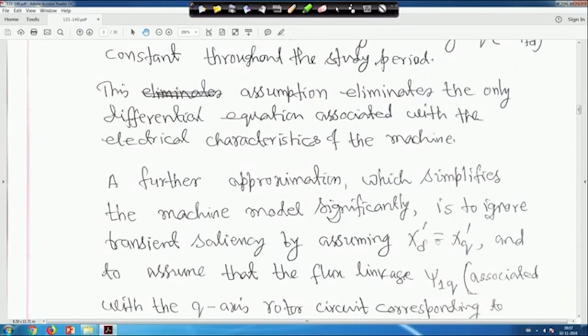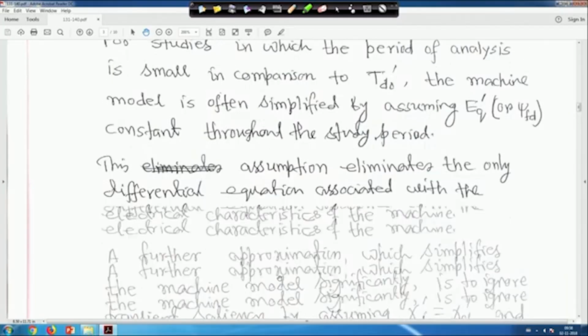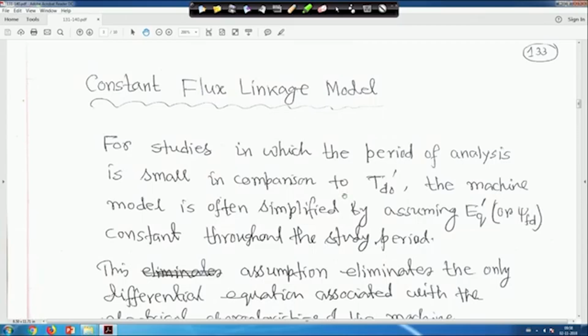A further approximation which simplifies the machine model significantly is to ignore transient saliency by assuming XD dash is equal to XQ dash, and to assume that the flux linkage psi 1 q associated with the q axis rotor circuit corresponding to XQ dash also remains constant, because we are going for the constant flux linkage model.